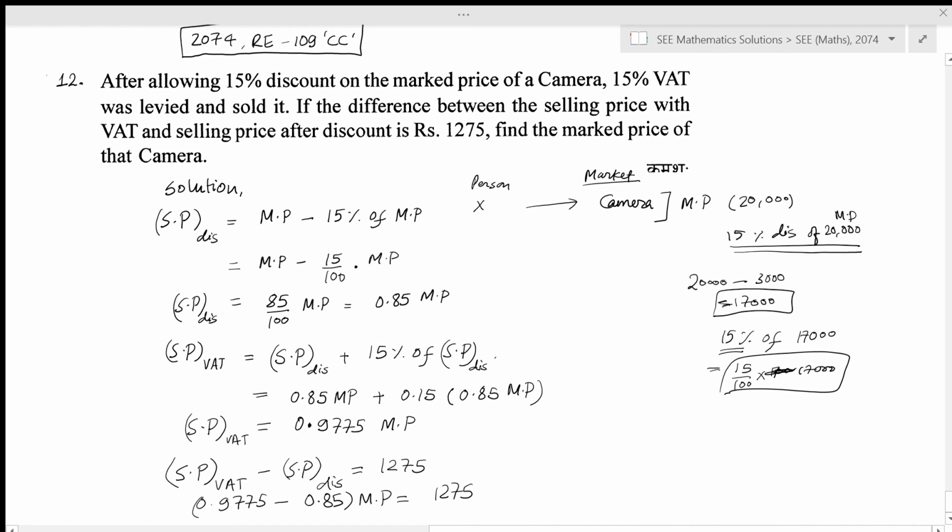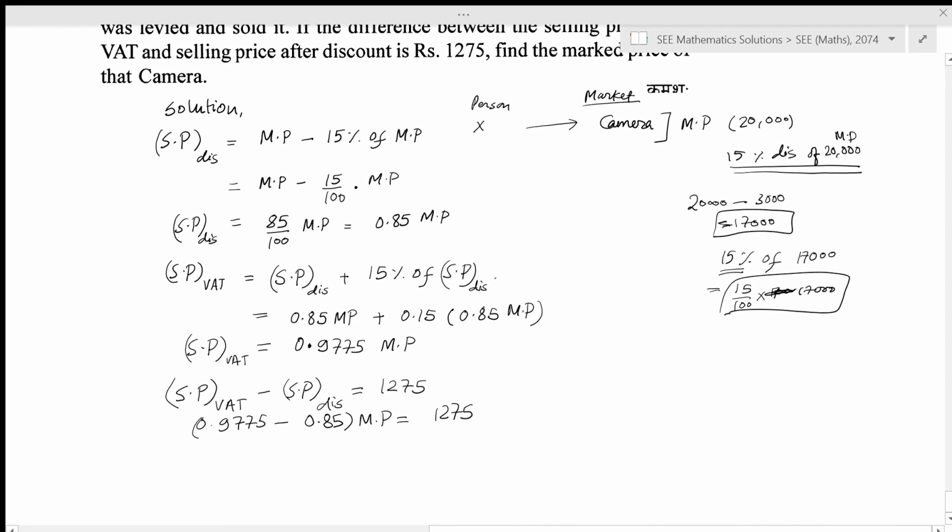So MP will be equal to 1275 divided by 0.1275. This will be equal to 10,000, right?